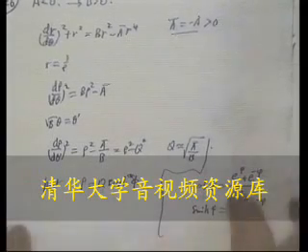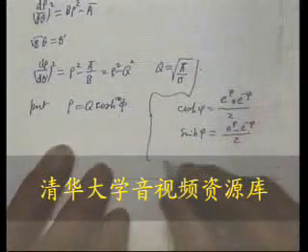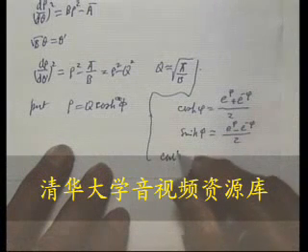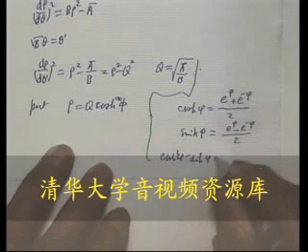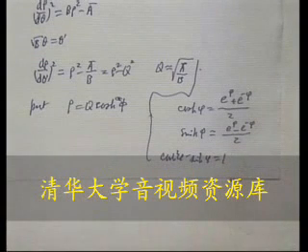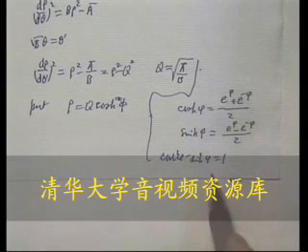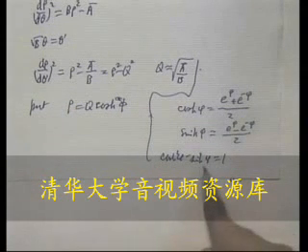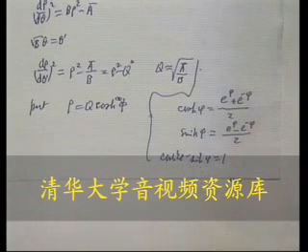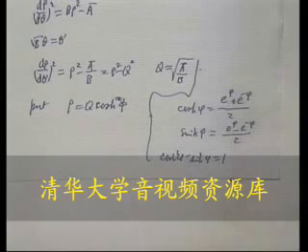For example, there is a formula which says hyperbolic cosine squared minus hyperbolic sine squared is equal to 1. This is very similar to the sine and cosine, except it's a minus 1 instead of plus 1. I mean, the sign in front of it is a minus sign instead of a plus sign.